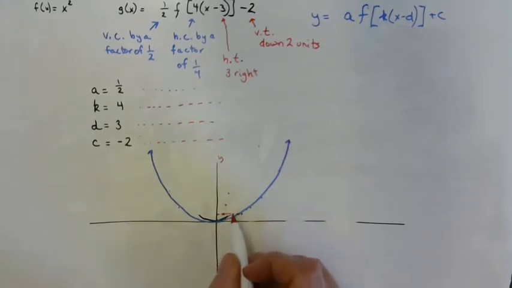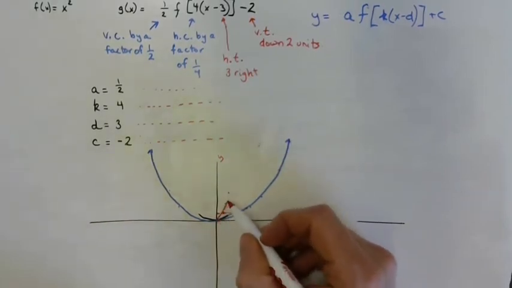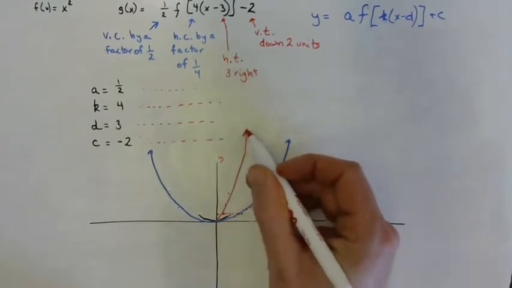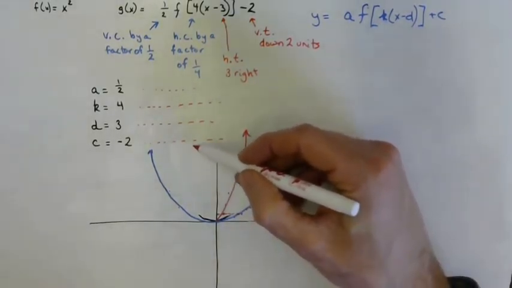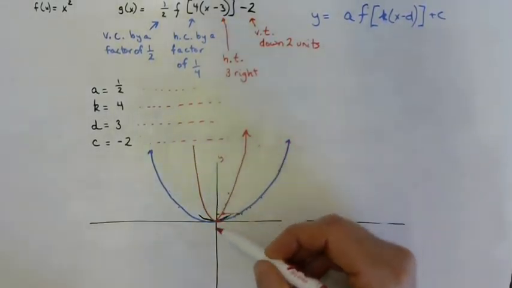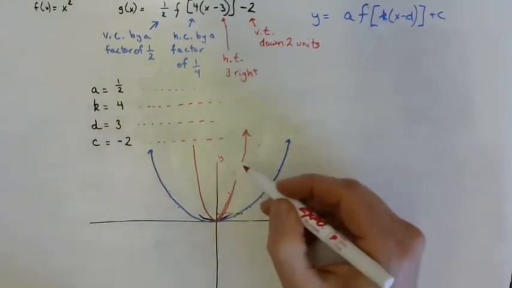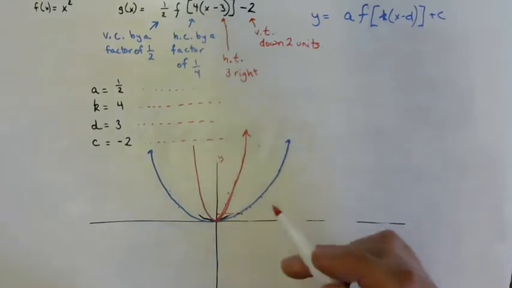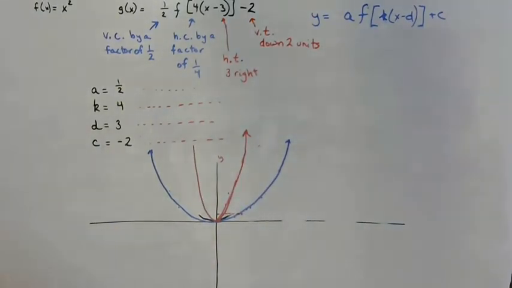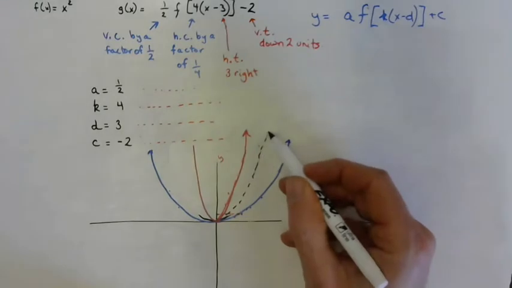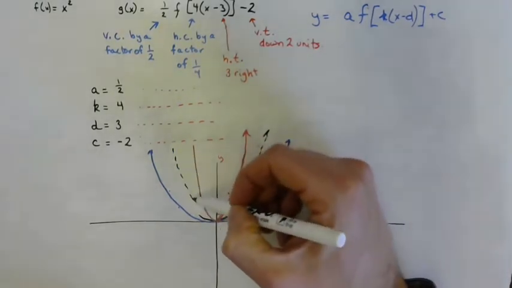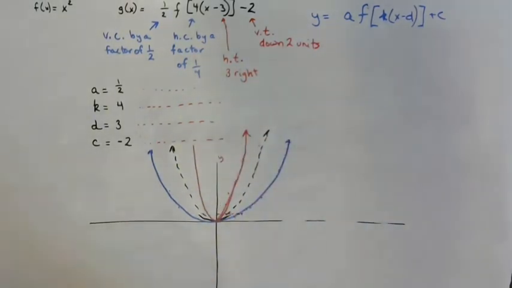The x coordinate gets divided by 4. It's going to result in a pretty skinny parabola, something like that. So my black one, if it was still here, would be somewhere in here.